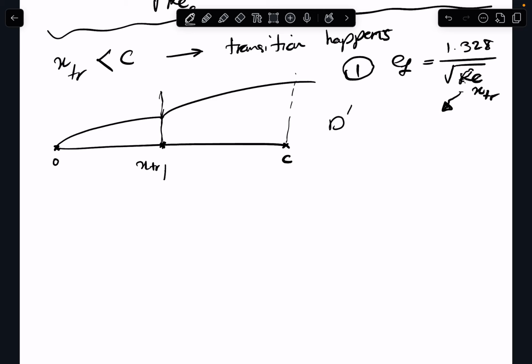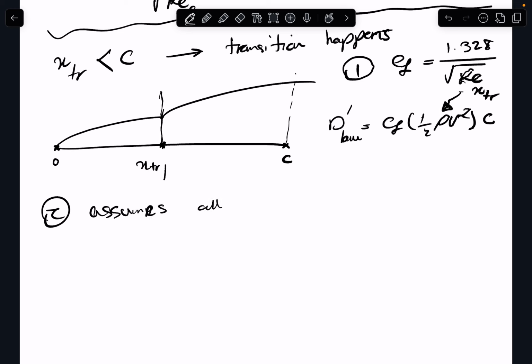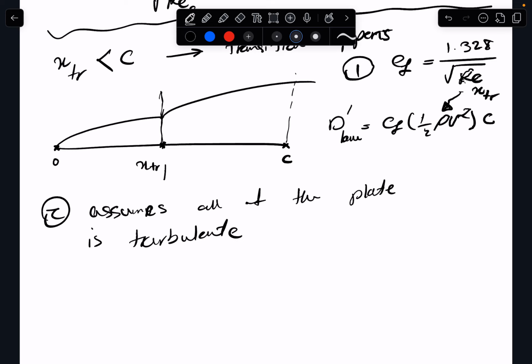And then we calculate the laminar drag from 0 to X transition, multiplying CF by the dynamic pressure by the chord length. That's the first part of the problem. Second part of the problem assumes that all of the plates is turbulent. So it's going to assume a turbulent boundary layer.